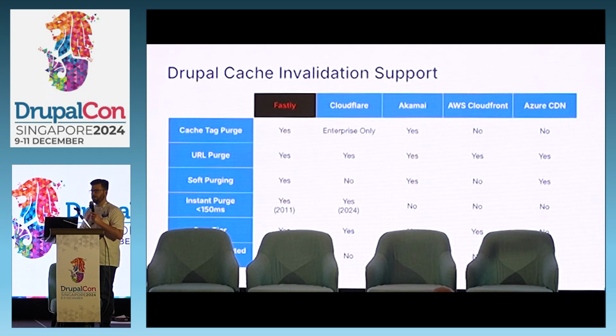You can still do URL purging. You can do soft purging, which is where the content is invalidated at the edge, and the next time it's requested, the stale version is served until the updated version is available, which is really, really powerful. Instant, less than 150 millisecond purging, as Shu-Ting mentioned. There is a developer platform that you can go in and check this out.